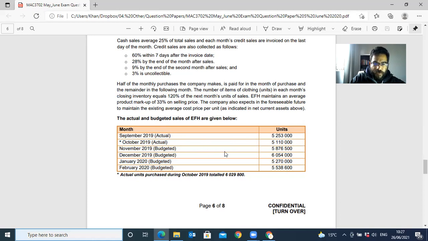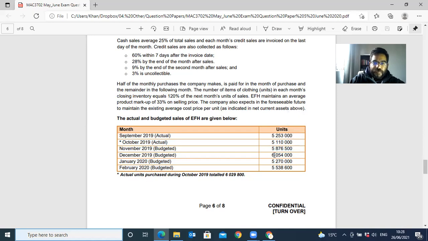So what do we know? The actual sales in November is 5867. So we would expect October's closing inventory to be 120% of this. Okay, so we'd expect October's closing balance to be 120% of that.